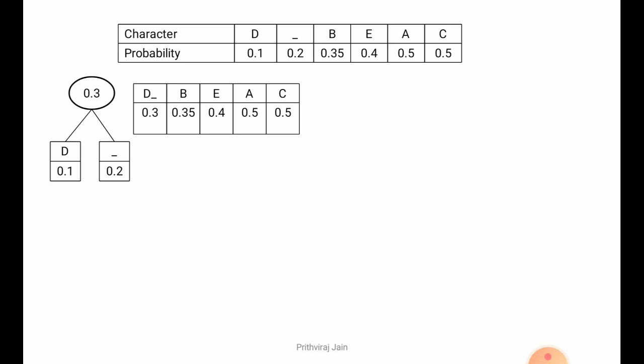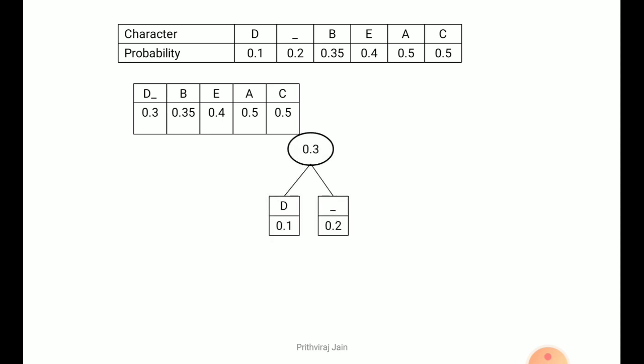For the next case we consider the two nodes with the minimum frequencies, that is 0.3 and 0.35. Now construct a node with 0.3 along with 0.35, that is node B. The new node's data will be the sum of 0.3 and 0.35, which is equal to 0.65.